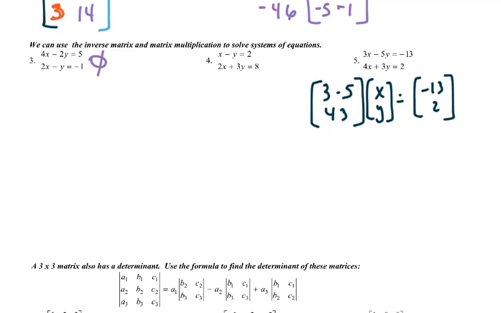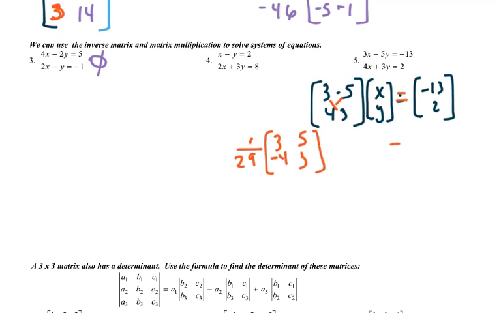I'm going to multiply both sides by the inverse. Inverse is 1 over the determinant. So I have 9 minus -20 is 1 over 29. Switch spots, switch signs. So 3, 3, switch spots, and then 5, -4 when I switch signs.